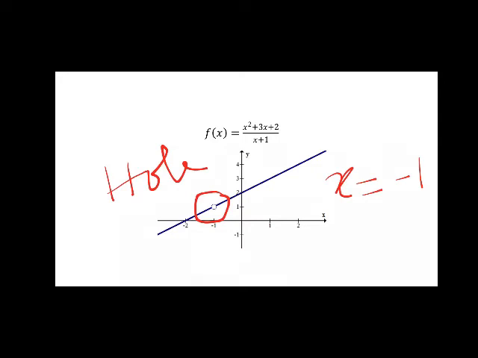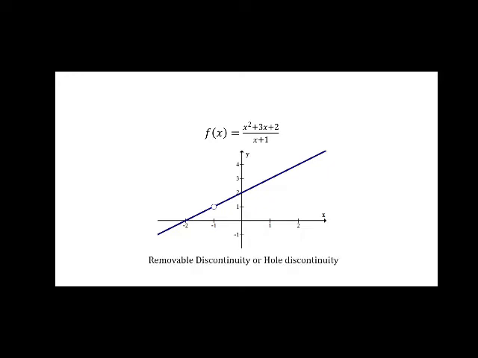So such kind of discontinuity is called a removable discontinuity or a hole discontinuity. Now why the word removable? Removable obviously means that this discontinuity can be removed. How can it be removed? By placing some value at that hole. Now how to place the value at the hole, let us see.